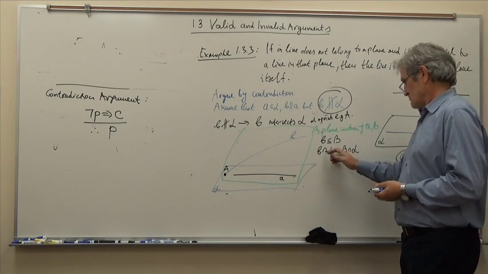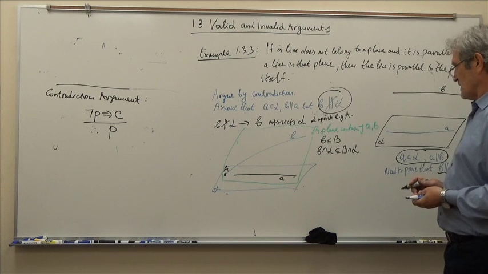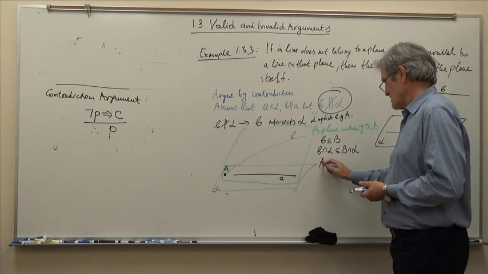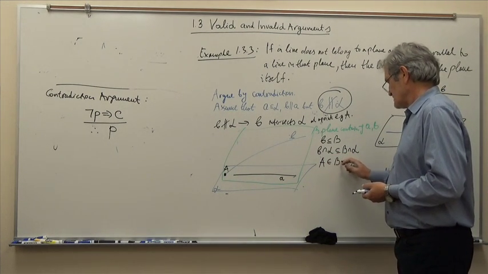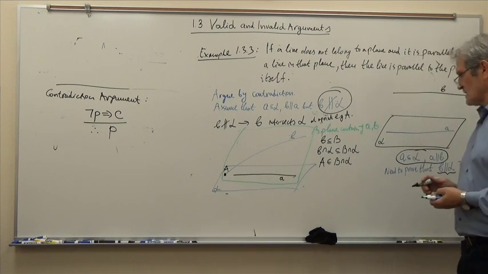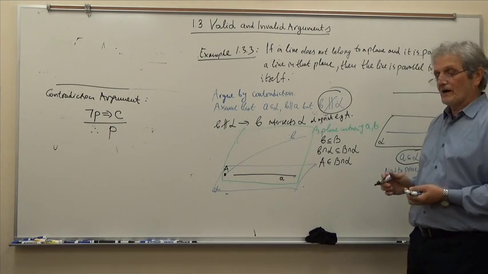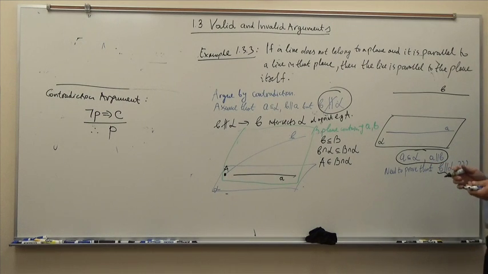So B intersection alpha, that's point A, belongs to beta intersection alpha. So beta and alpha do intersect.